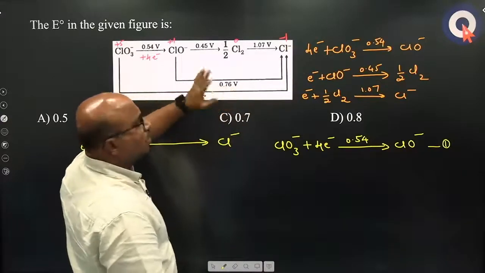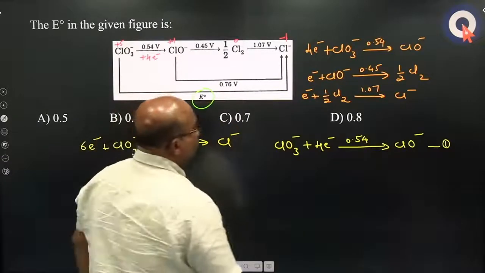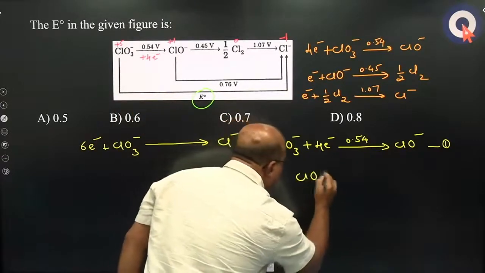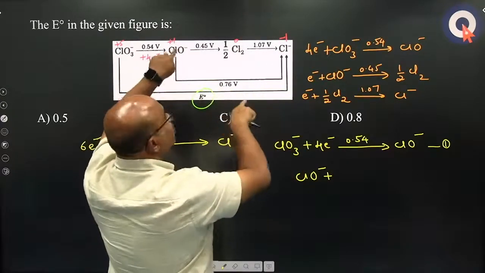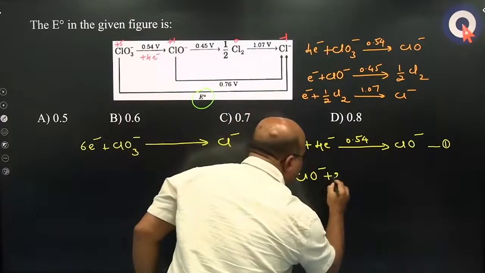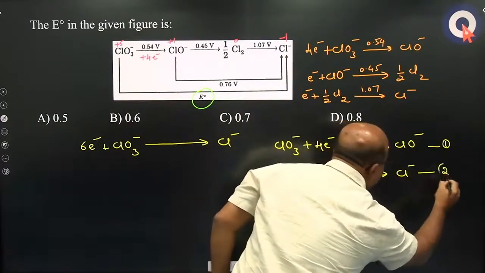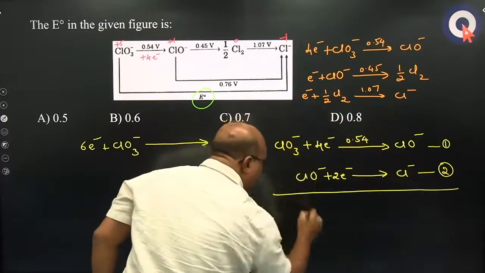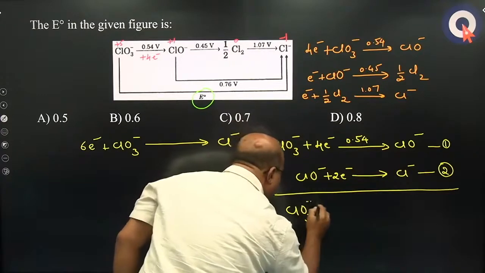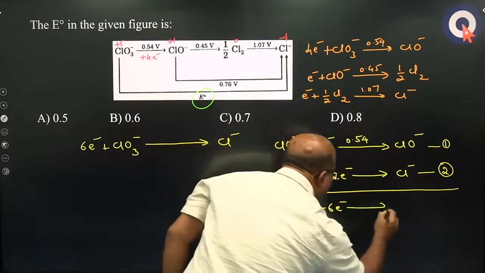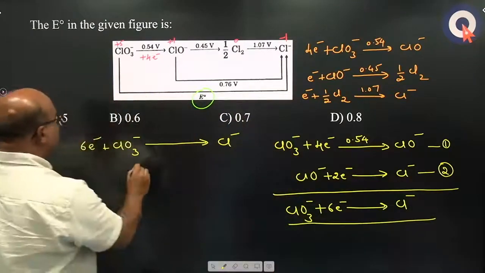How you get that potential also we can see from our application of what we are doing now. So what is next? ClO minus plus how many electrons are involved during this now? This is +1 to -1, 2 electrons are involved. That is Cl minus. Let us take it as an equation. If I add these two equations, the ClO minus cancels. So I will get ClO3 minus plus 6 electrons giving Cl minus. So our required equation we obtain.